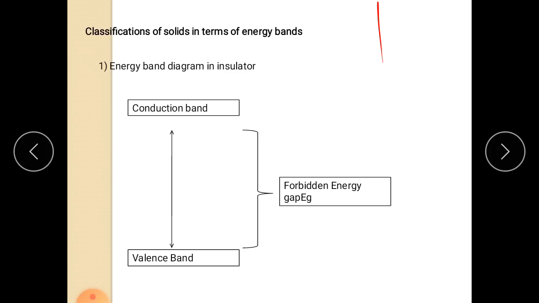A single isolated atom is not possible practically in a crystalline solid. Hence, the discrete energy level is also not possible in a crystalline solid, because the crystalline solid is made up of many atoms.